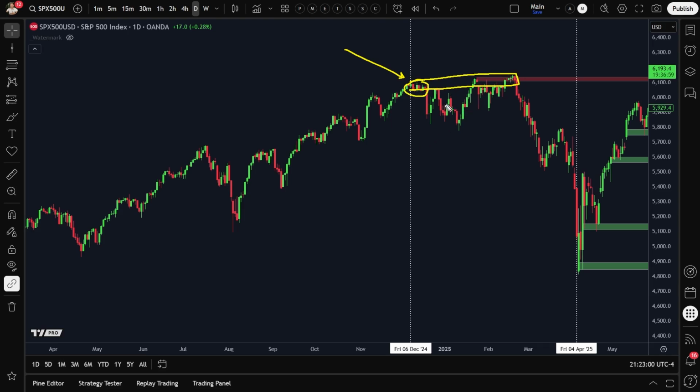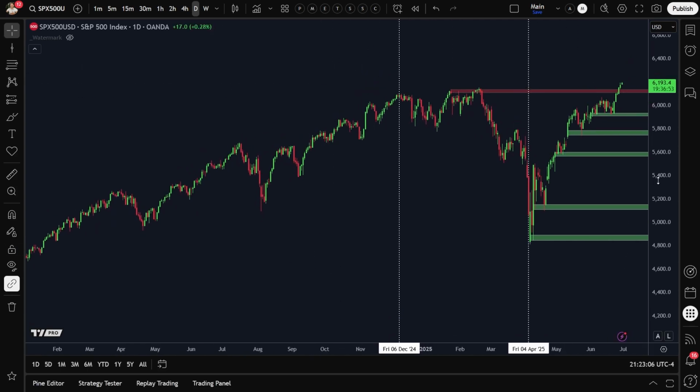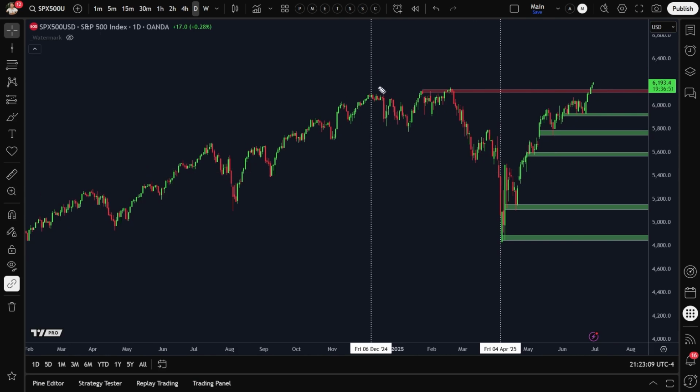Now, we did technically grind sideways, and like I said, it's not a perfect timing indicator, but it gave us a general idea. Look at how the sentiment right here was everybody was bullish, thinking the market was going to go higher. And over here, everybody was bearish, thinking the market was going to go lower. The market has an incredible ability to find a way to maximize pain for the max number of people.